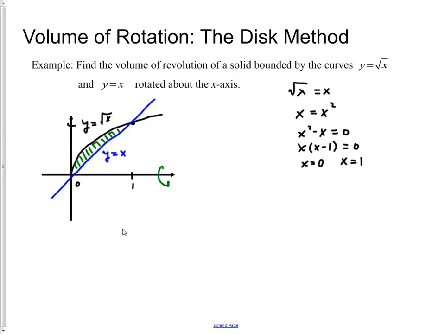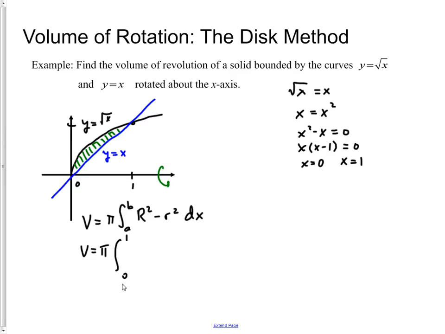So the way this is going to look, using our setup, volume equals pi times the integral from a to b of capital R squared, which is our larger upper function, minus lower r squared, which is our lower function, dx. In this case, we're using 0 and 1 as our limits of integration.